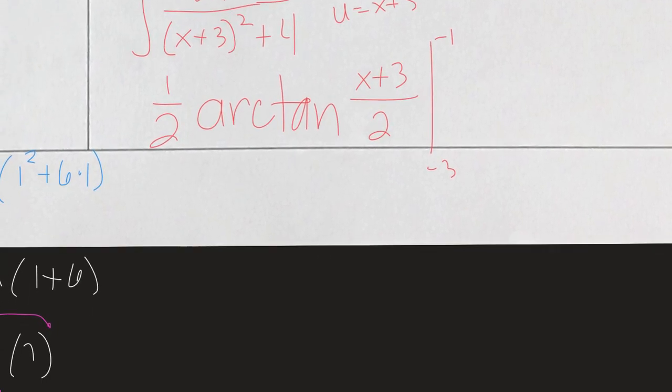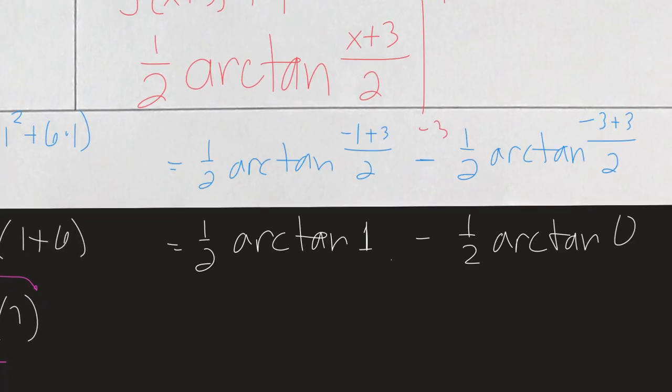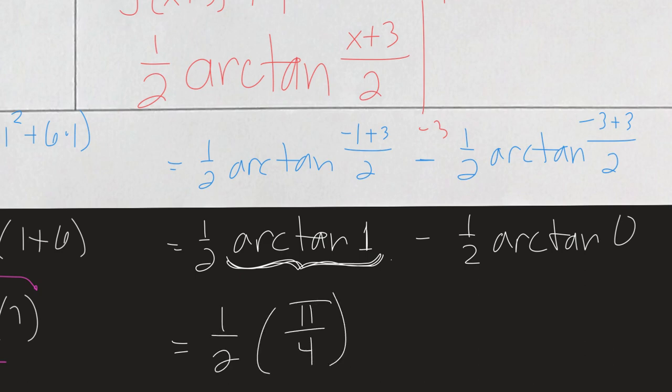Again, a lot of algebra, so I'll pause and come right back. And we get to here. So this is asking us at what angle on your unit circle is the tangent going to be 1. And that happens at pi over 4. That is the unit circle angle where tangent is 1. And this one is asking us what is the angle on the unit circle where your arc tan is 0.